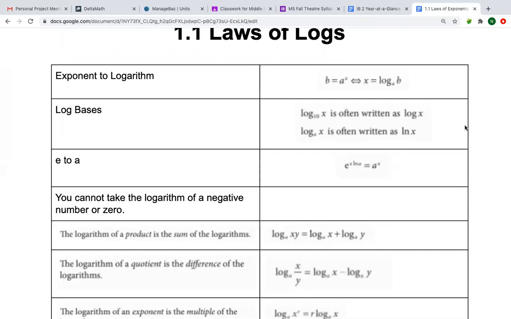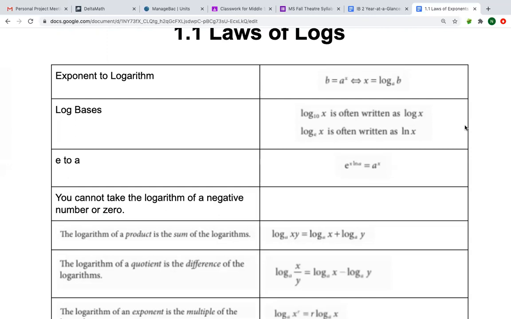Log base 10, 10 is the base that we most often use because we have 10 fingers, and most of our bases in math and science are base 10. For that reason, since we use it so often, we don't want to take the time to write it. So if there isn't a number behind log, then that is log base 10.